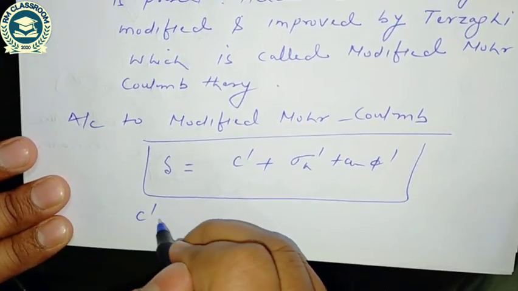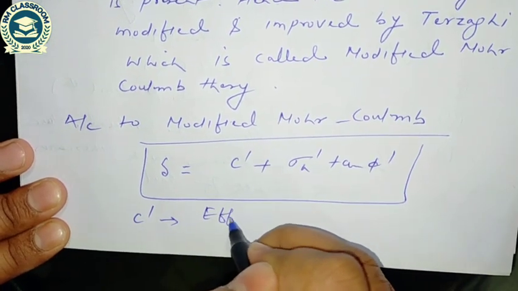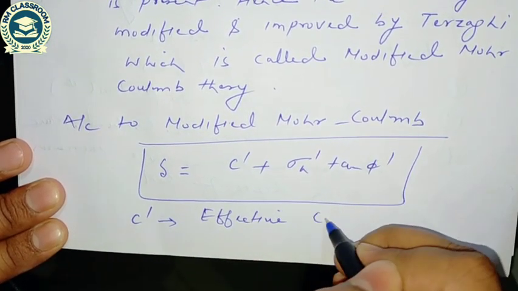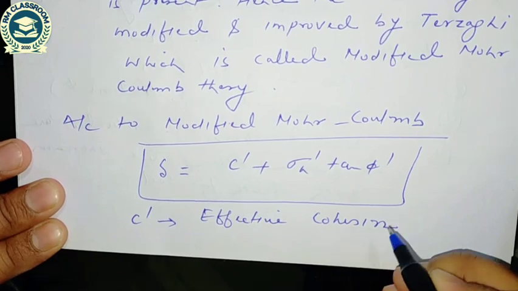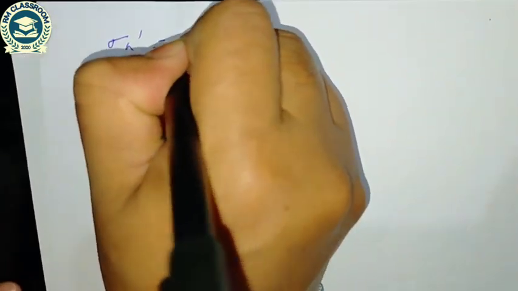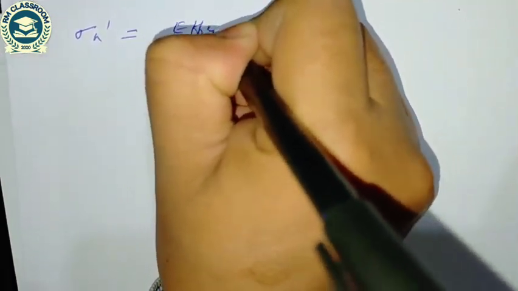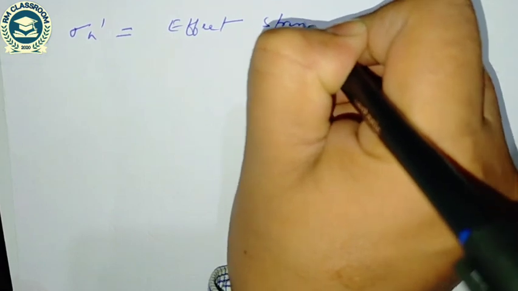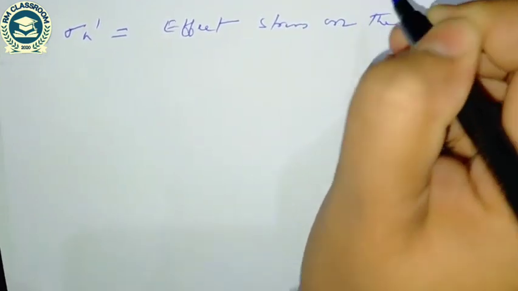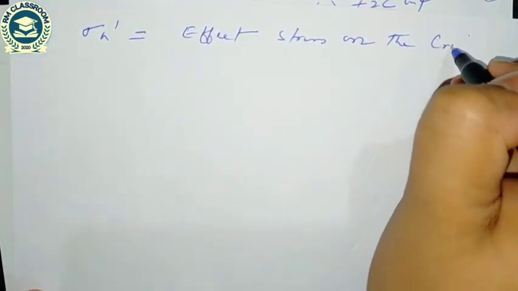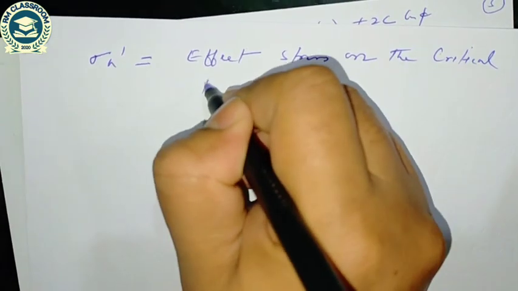where c dash is the effective cohesion, sigma n dash is equal to effective stress on the critical plane.